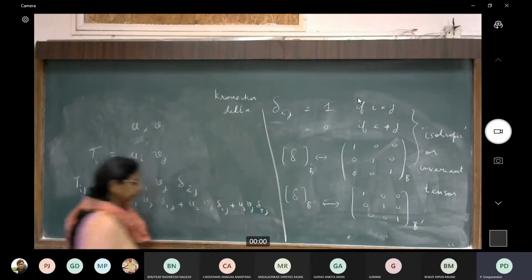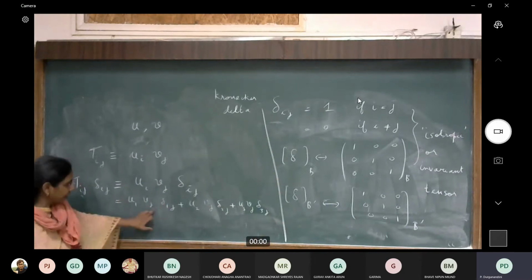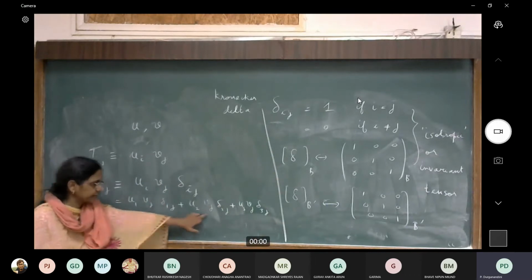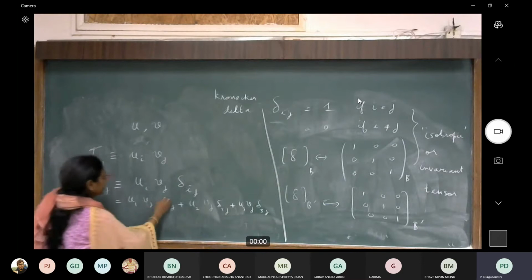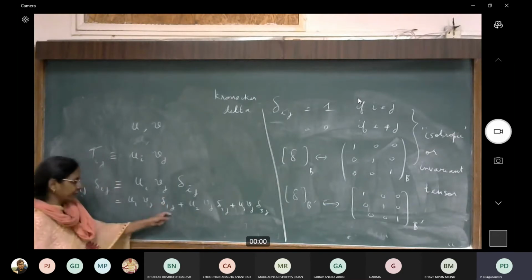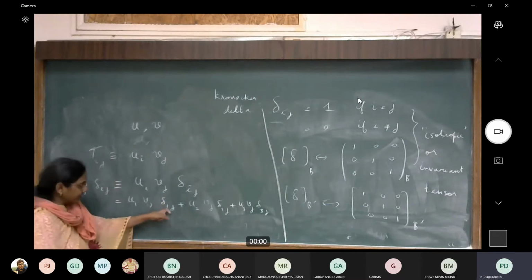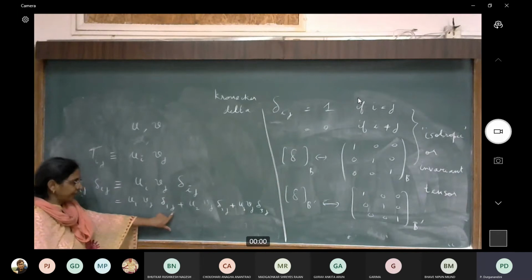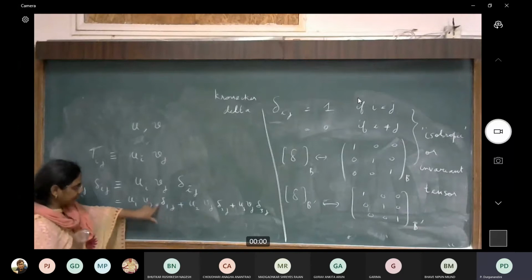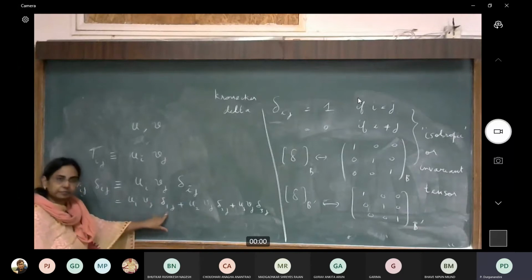Fine. So this is by definition. I still have to do a summation over the j index, and j can take values 1, 2, 3. But once I fix the first index of delta as 1, what is the only value for j which gives me a non-zero answer?